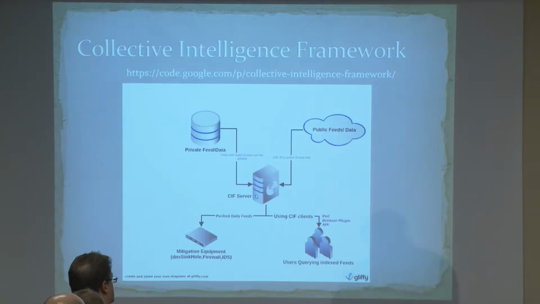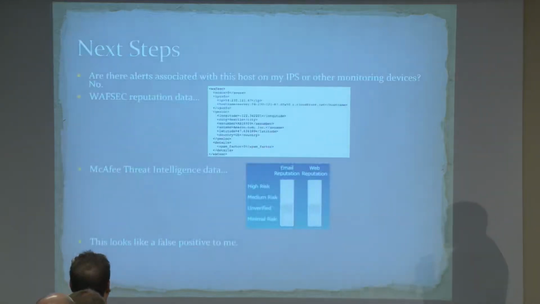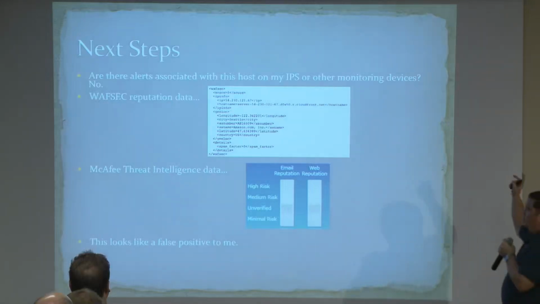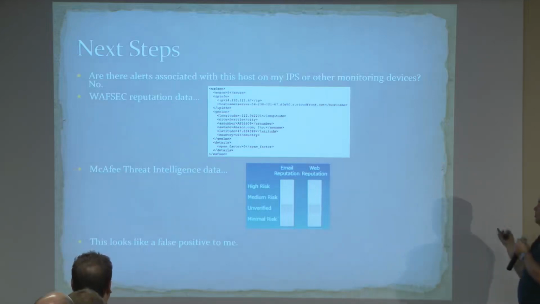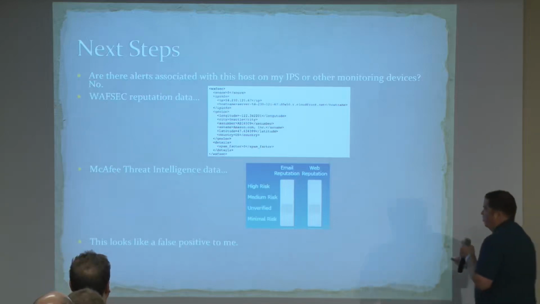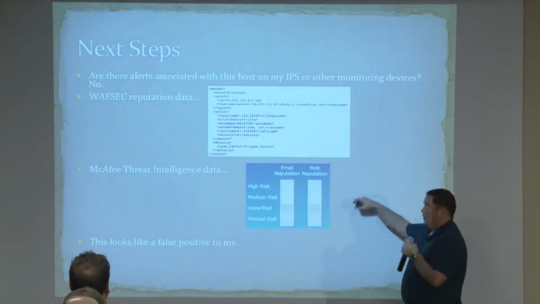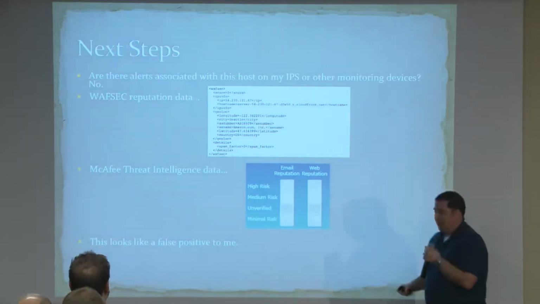So quickly, we're running short on time, but I want to talk about some next steps here. In this case, we can ask ourselves, are there alerts associated with this host on my IPS or other monitoring devices? In this case, we've answered the question. The answer is no. We can also do things like reputation data. So in our tool, we can do queries for WAFSEC.